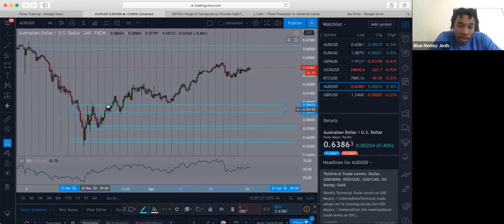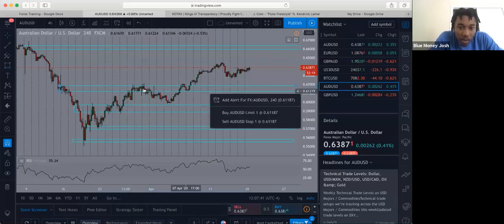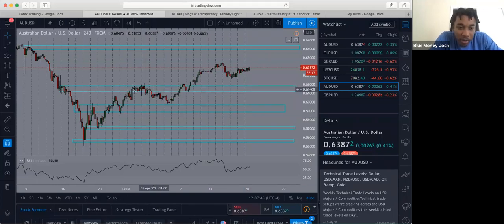You want to get each of the rejections and then the rejections inside the zone. Next zone could be right here. Yeah, this is a perfect one. Touch here, rejected this one, touch here, touch here, touch here. This is about 5 or 6 touches. This is a perfect zone right in the middle.